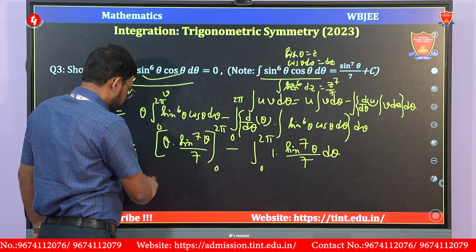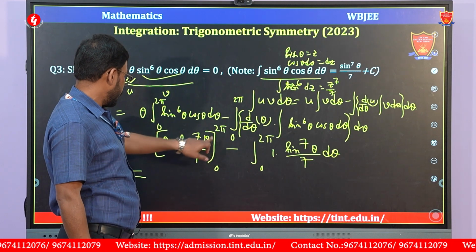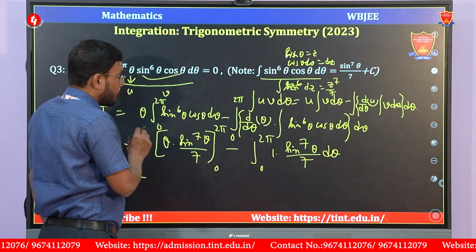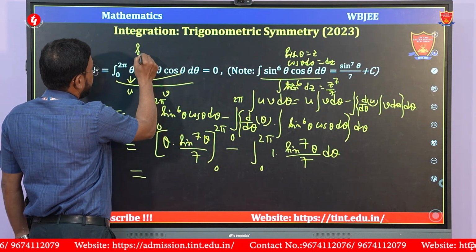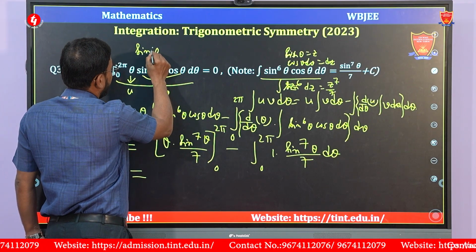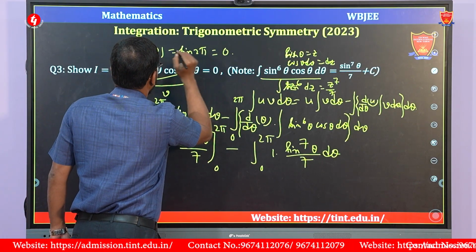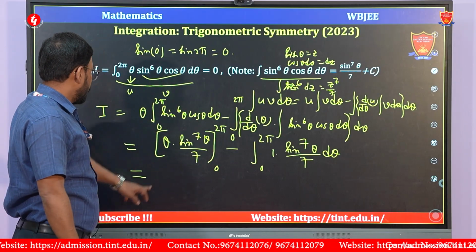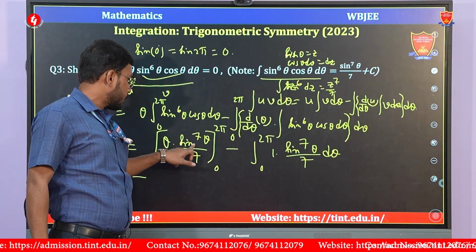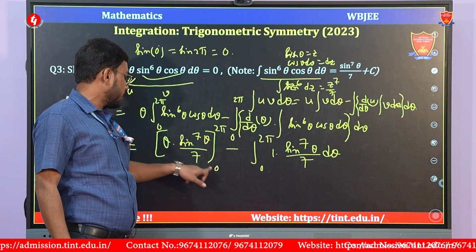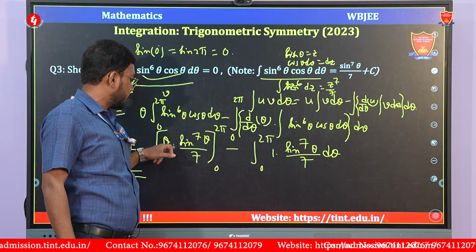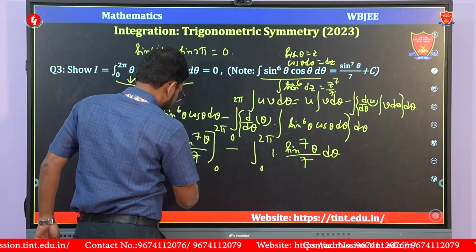Now, from this you know one thing, sin 0 equals sin twice pi equals 0. So, when theta is twice pi, this part is 0. Similarly, when theta is 0, this is 0. So, this part is 0.